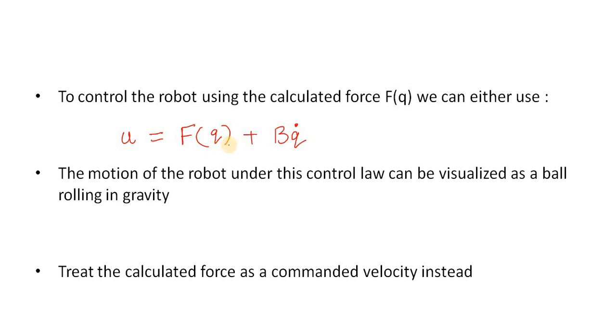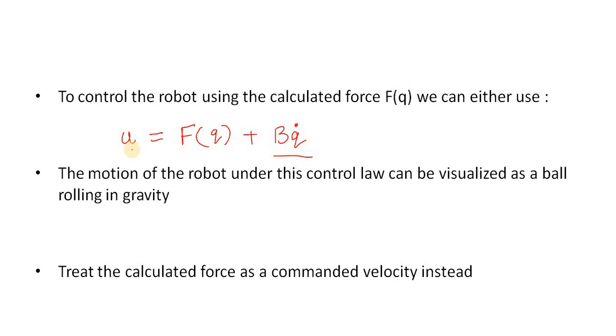B is a positive definite term, so this term will have a damping effect on your motion, and this is your original force. And this is your control law. So this is the output that is given to your robot, so it can move.